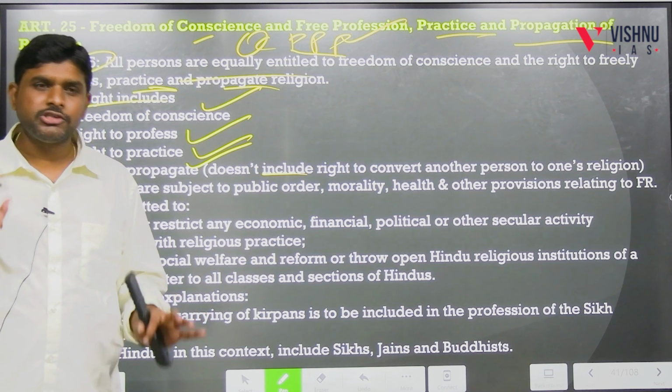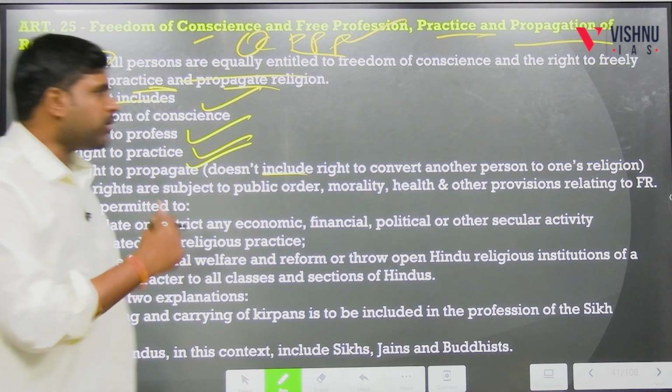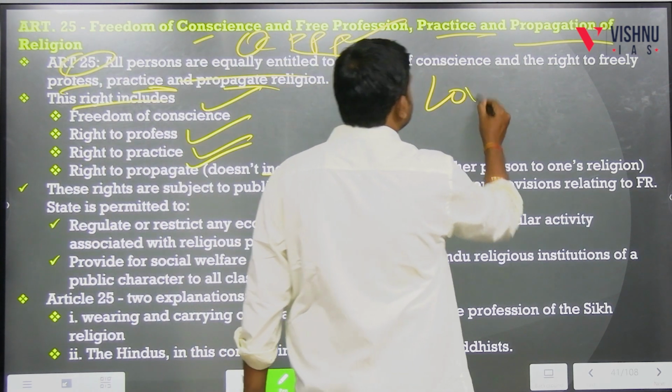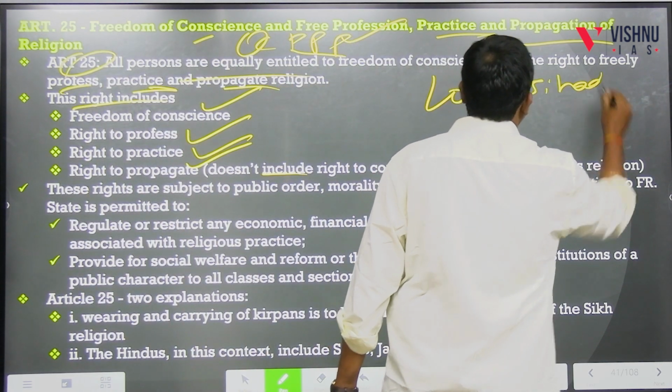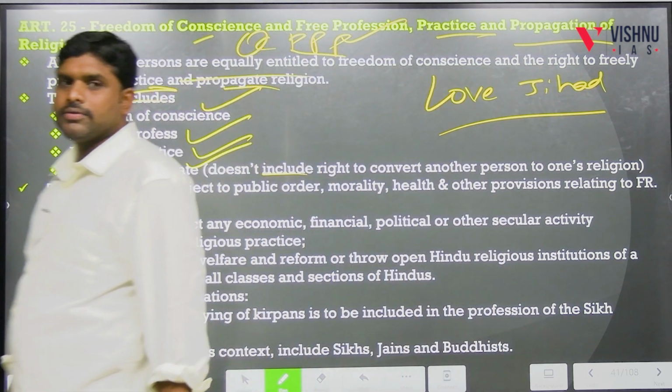Propagation and conversions. Here, a current affair. What is the current affair? Love jihad. What is this love jihad?